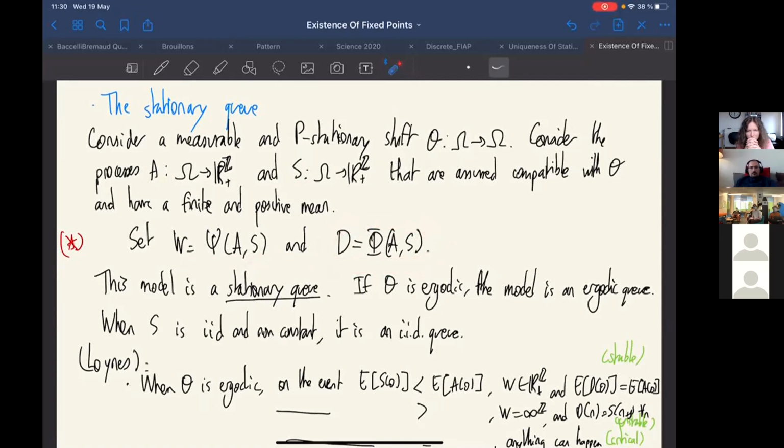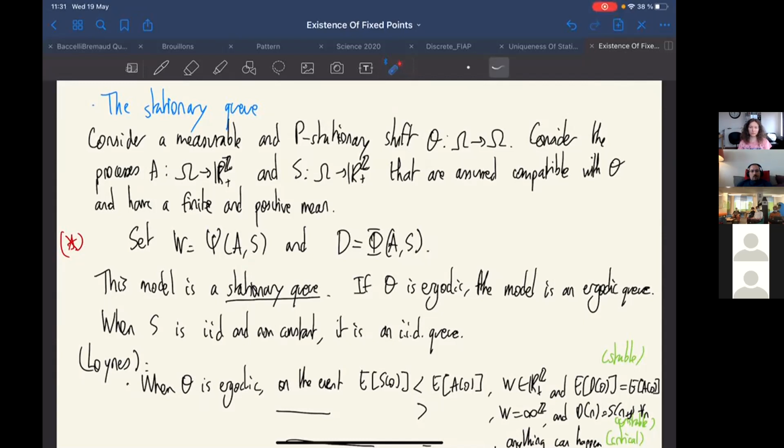And if the shift is ergodic, which means that it's kind of well mixing, so that if the inverse image of a set is equal to the set, then the set is either the whole space or the empty set.